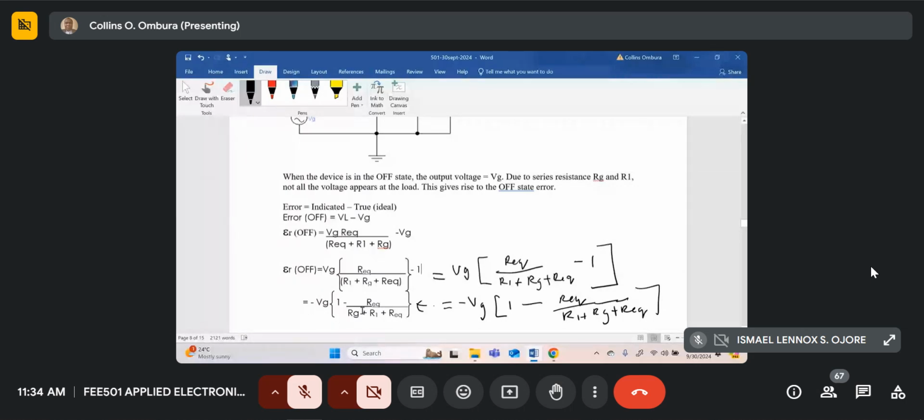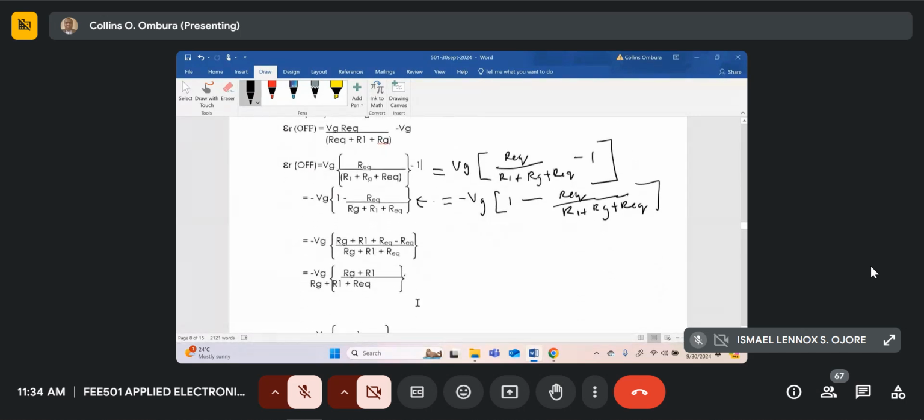So now let's simplify this second equation. I don't have time to edit this right now, let's just move on. Let's make the denominator RG plus R1 plus R equivalent common. So you get this other equation.